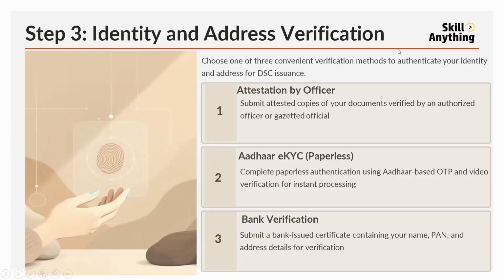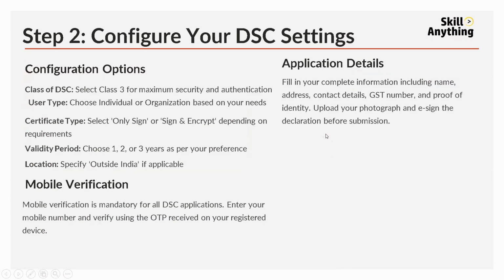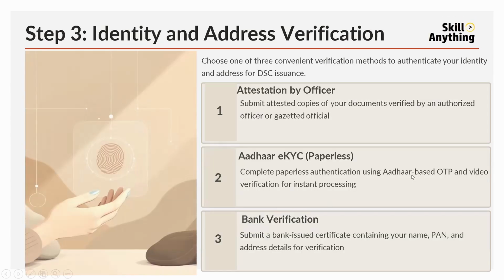you have to do the identity and address verification. There are 3 ways of verifying your identity and address. First, attestation by an officer: submit attested copies of your documents to the officer. Next is Aadhaar eKYC, using an Aadhaar OTP. You enter your Aadhaar number and you will get an OTP on the mobile number registered to your Aadhaar.